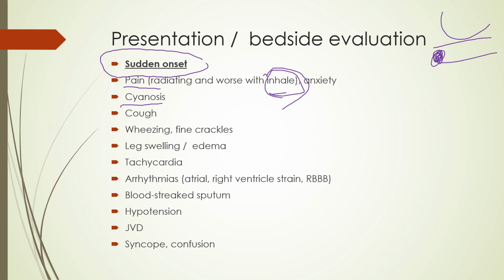It's getting to the lungs, but maybe not to the respiratory zone. So if it's stopped before getting there, we're not picking up oxygen, we're not getting rid of CO2, right? None of that is happening. We're not having functional gas exchange at this point. So obviously cyanosis can happen.